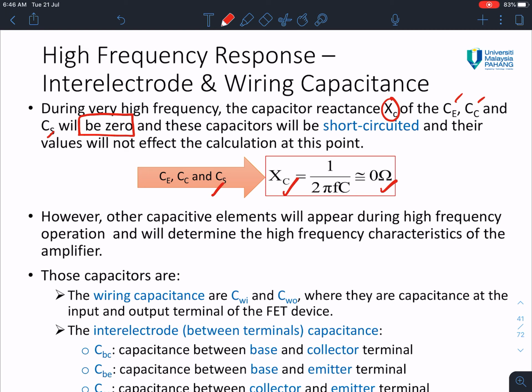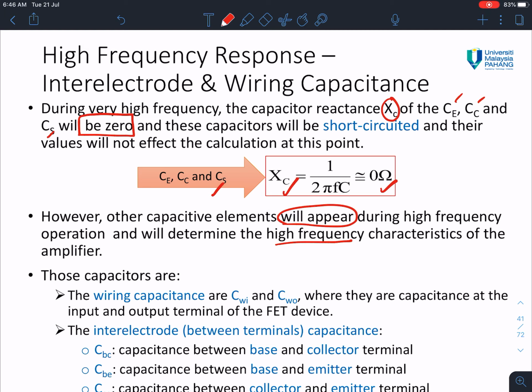However, other capacitive elements will appear during high frequency operation and will determine the high frequency characteristic of the amplifier.